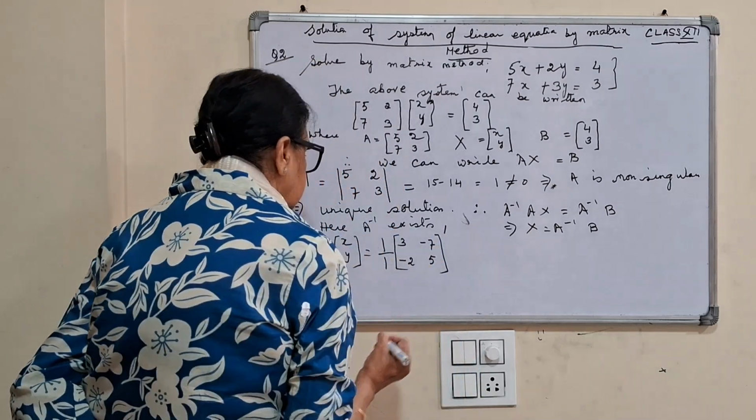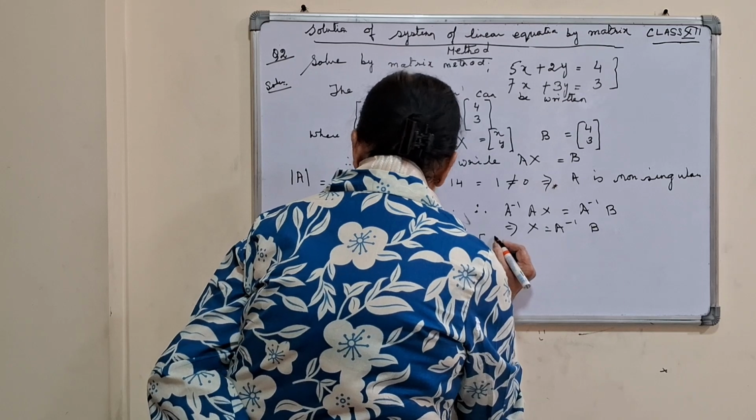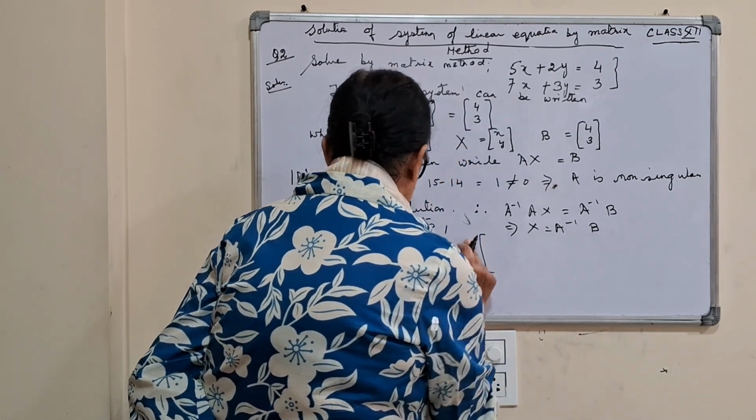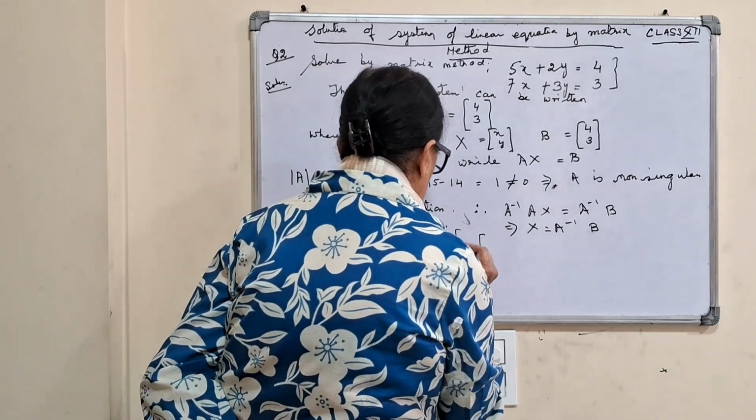I transpose it, that is equal to the adjoint, and B is what? B is 4, 3.